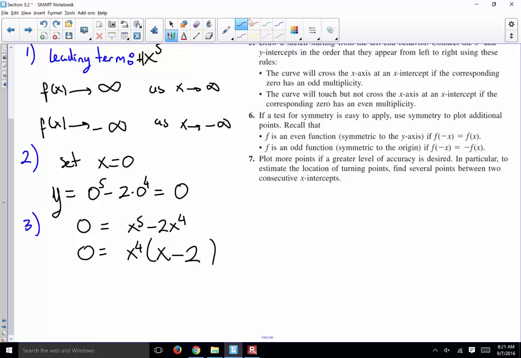Now let's set this to 0 with multiplicity 4. I only set the bases to 0, okay? And this has multiplicity 1. I will set this to 0 and I will get x equals 2, right? Set this to 0. Multiplicity 1. And this is multiplicity 4.